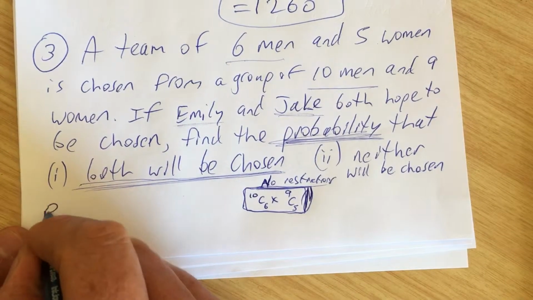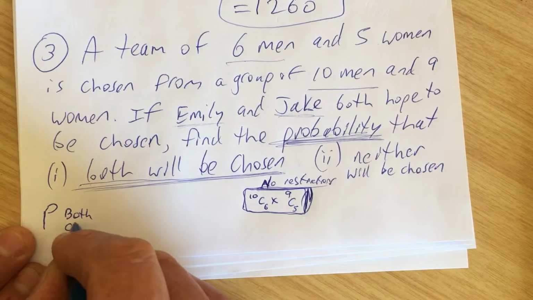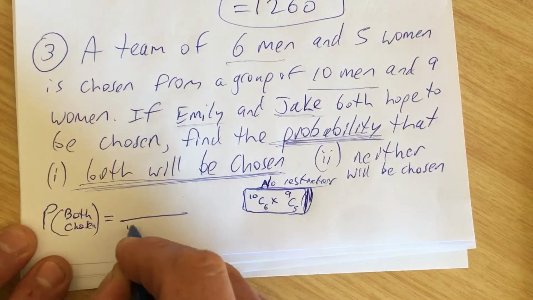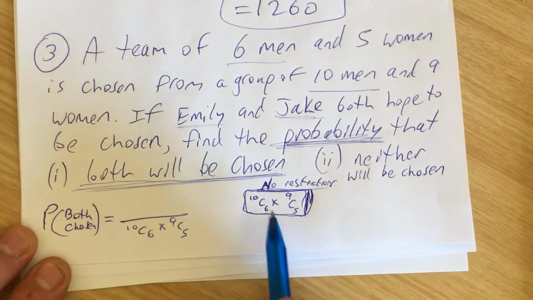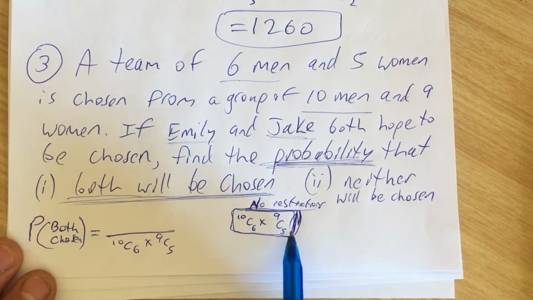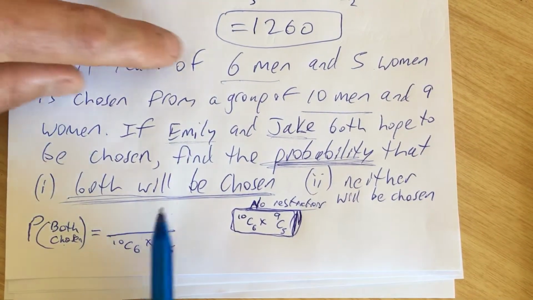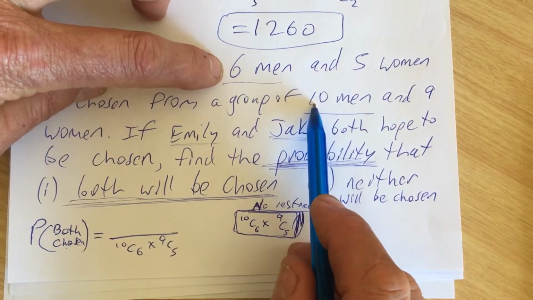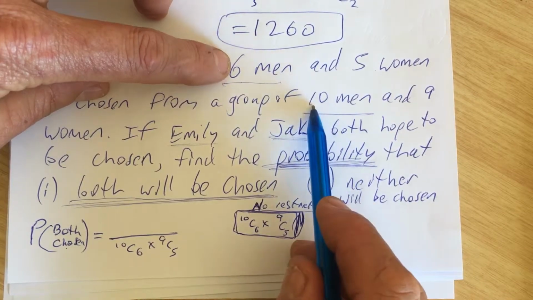So let's do it together now. Probability both chosen. So 10C6 times 9C5 is on the bottom because that's the number of committees you can pick. Now, if they're both chosen, they're both automatically in. Let's say that out of these 10 men, we're going to choose 6. Let's say that Jake is already in.